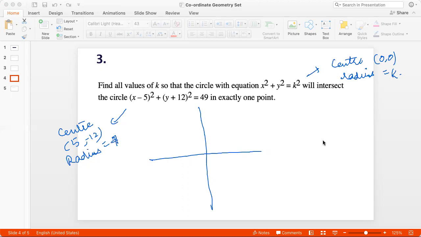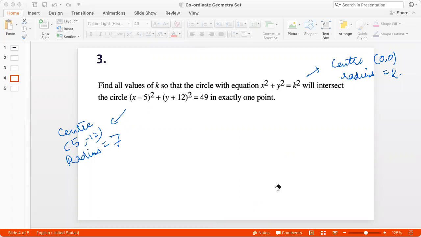Okay, so one second, I'll write this properly. Radius of 7. Okay, so I'll just try and let's say this is 5 and this is negative 12. Yeah, and the radius of 7, right? Wait, probably I should redraw this because I need to be in the 4th quadrant.